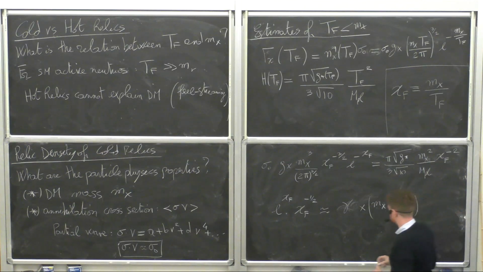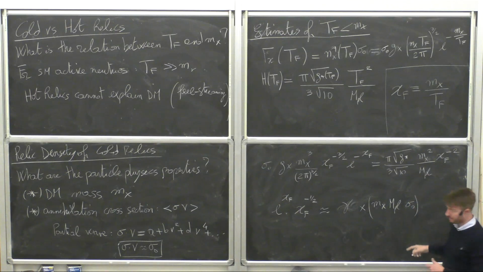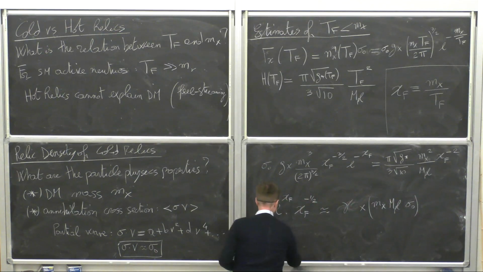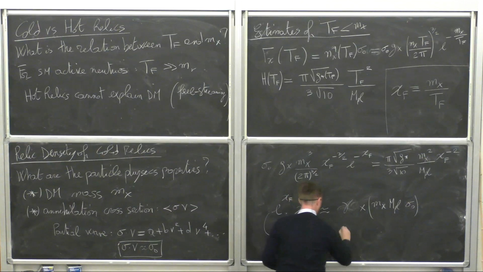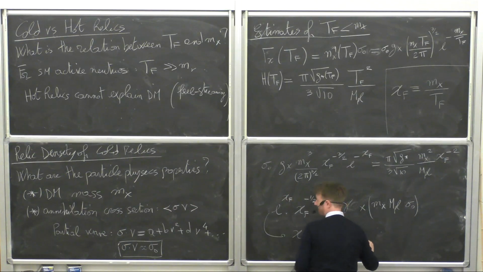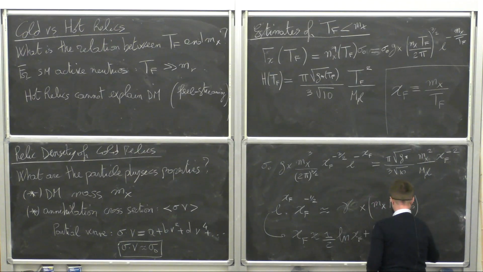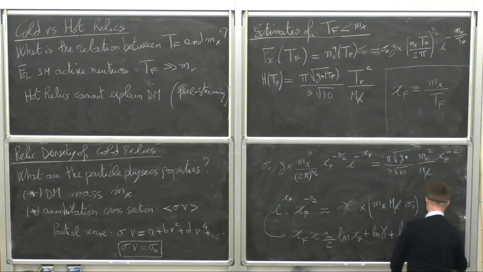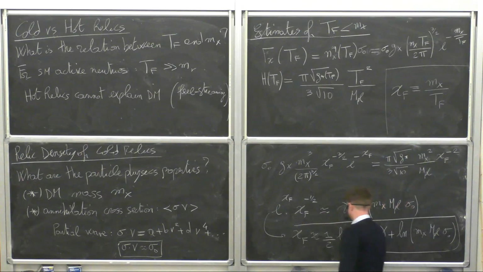And so we can take the log of both sides, and then from this equation, we get xf. It's 1/2 log of xf plus log of gamma plus log of m Planck, m chi, sigma 0. So that's the equation that will give me the freeze-out condition.